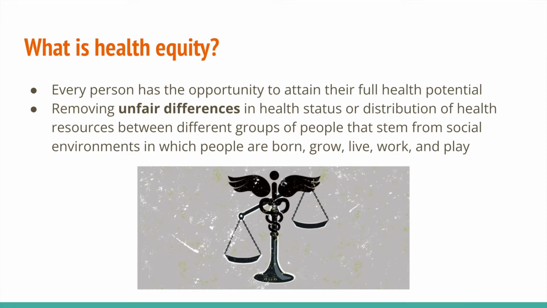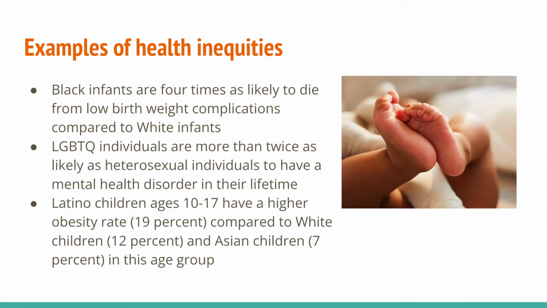The next slide features a few examples of unfair differences between demographic groups in the United States. There are countless examples of health inequities, which are also called health disparities, in the United States.